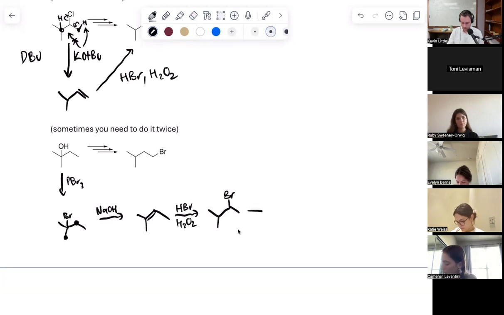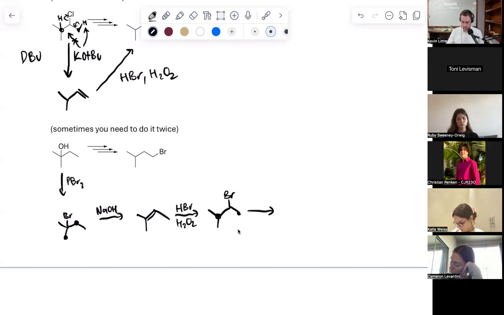All right, so I can get a double bond and move this bromine one carbon out further. Am I going to use sodium hydroxide or potassium tert-butoxide? And why? Do I want to make the more stable double bond or the less substituted double bond?